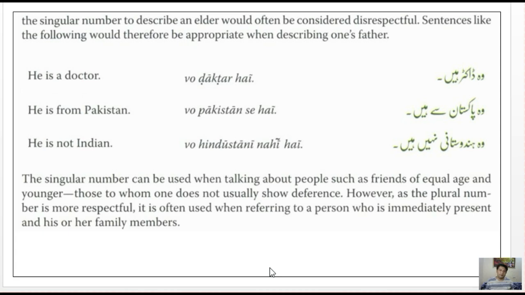Sentences like the following would therefore be appropriate when describing one's father. He is a doctor. So in English, we say he is a doctor. So I don't think there is a way to show respect in this sentence, but in Urdu we have that. So that is wo doctor hain. So this ending part of verb to be is nasalized as hain.